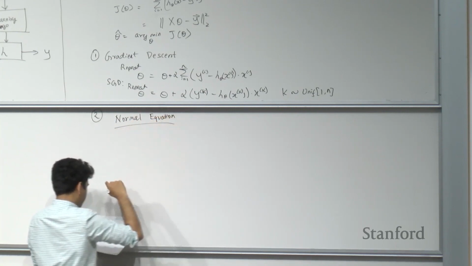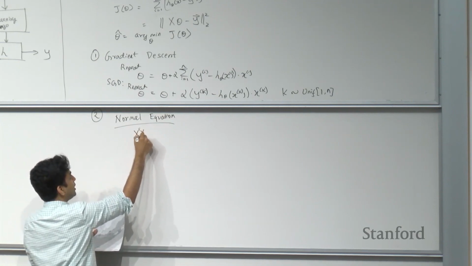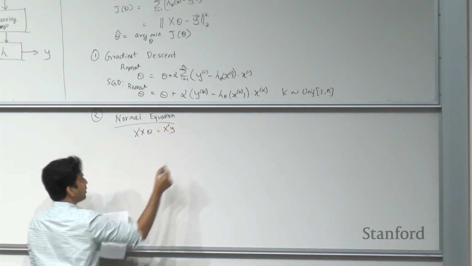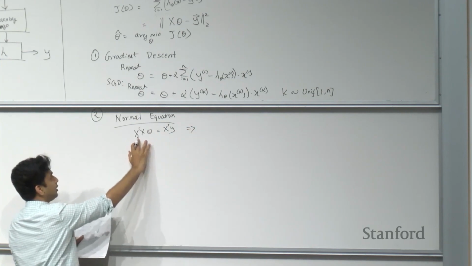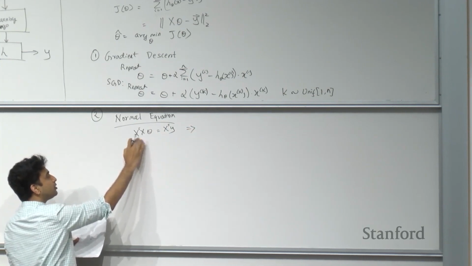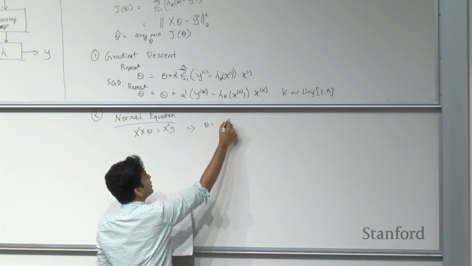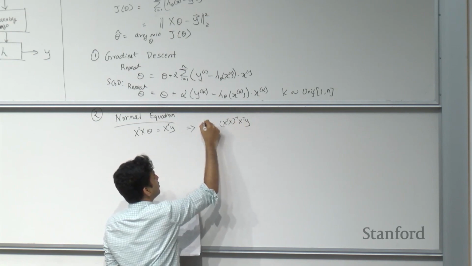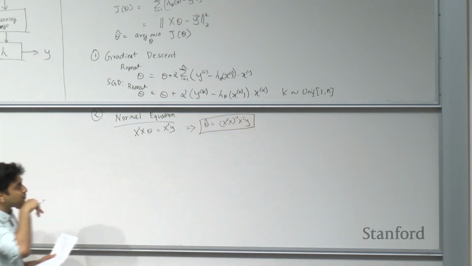And in the normal equations, we basically get x transpose x theta equals x transpose y, from which, if we assume invertibility of x transpose x, which for now we will assume, we get theta hat equals x transpose x inverse x transpose y, right.